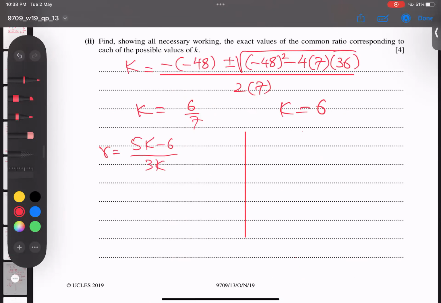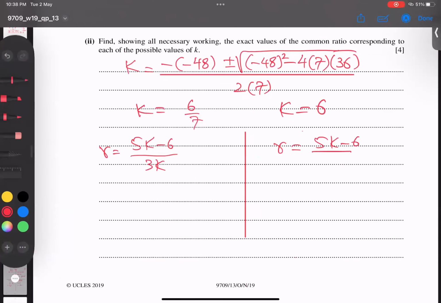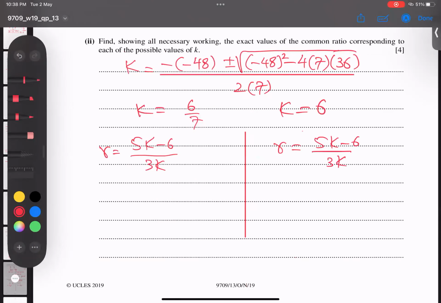So I'm finding, so I replace the value of r there. And let's see if I replace the value of r. Okay. So I'm typing 5 times 2, 6 by 7 minus 6 over 3 times 2, 6 over 7.